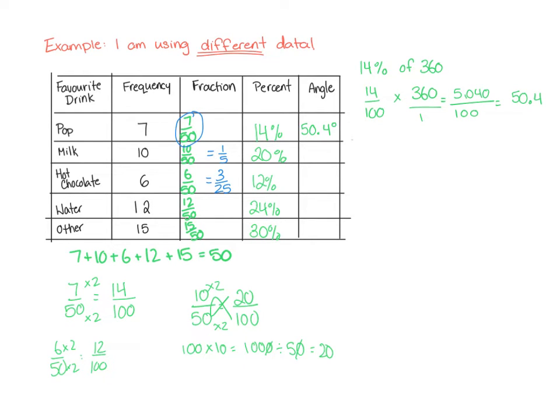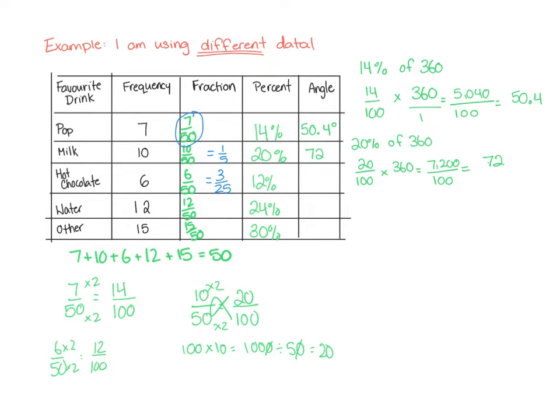Then for 20%, we start by changing that into a fraction. So 20 out of 100 times 360 equals 7,200 out of 100, which equals 72.